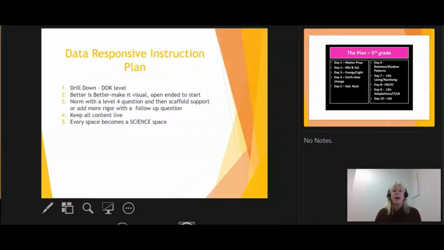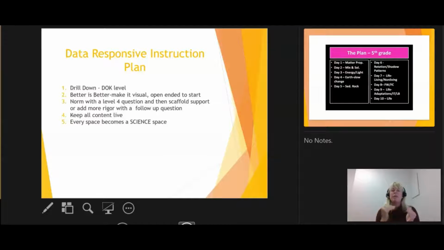Next, let's talk about what I would consider a data responsive instruction plan. Number one, making sure that you drill down using a variety of DOK levels, but always starting with a 4. Because remember, this is review. This is not actual teach. They've already been exposed to DOK levels of 1, 2, and 3, and a few 4.